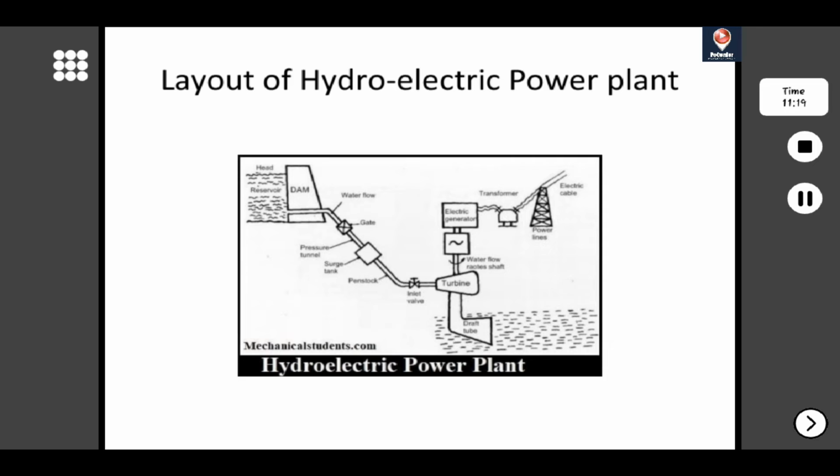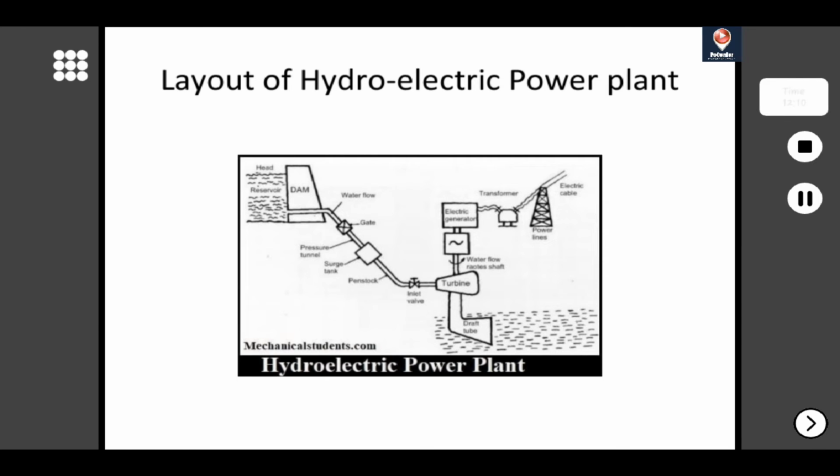The generated electrical energy can be stepped up or stepped down by the use of the transformer. So we can use it for our domestic or industrial purposes. So these are the main components of the hydroelectric power plant.